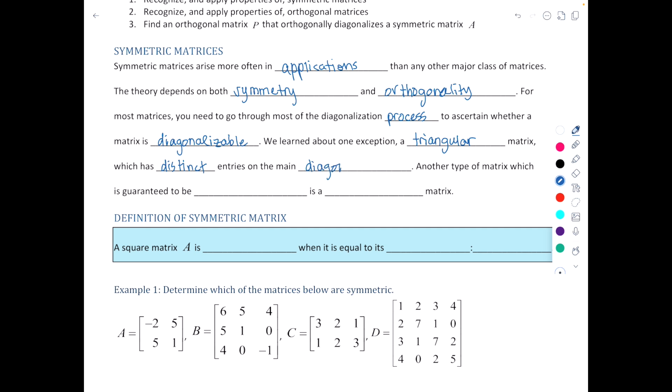Another type of matrix which is guaranteed to be diagonalizable, you guessed it, is a symmetric matrix.